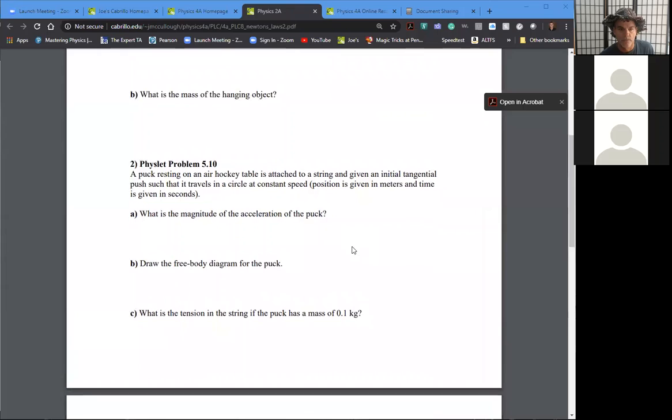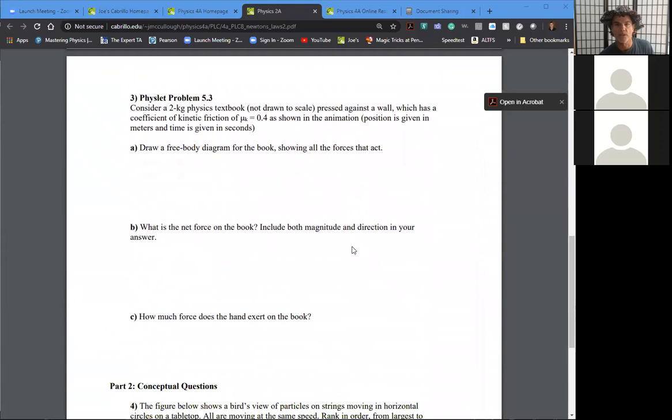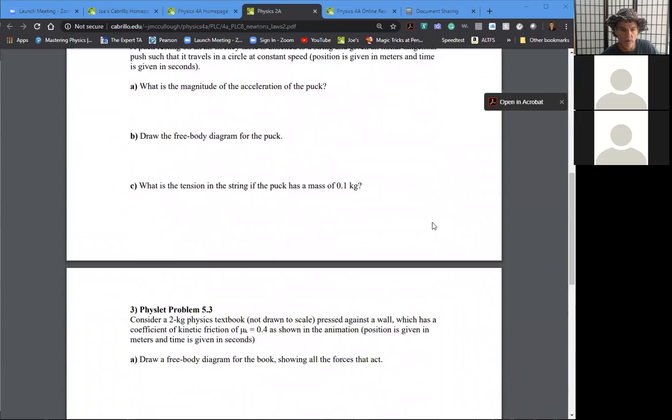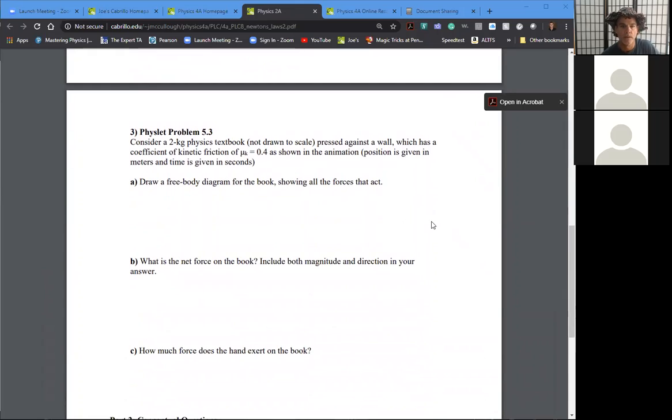PLC question. All right. Number 3B. Okay, hold on. Let me see if I can pull it up. Share screen. Okay, can you see my screen with the PLC number 8? Yes. Okay, you have a question with number 3B? Yeah, 3B. What is the net force? Consider a 2-kilogram physics textbook pressed against a wall which has a coefficient of kinetic friction of 0.4 as shown in the animation.